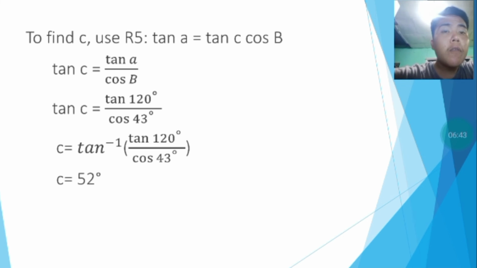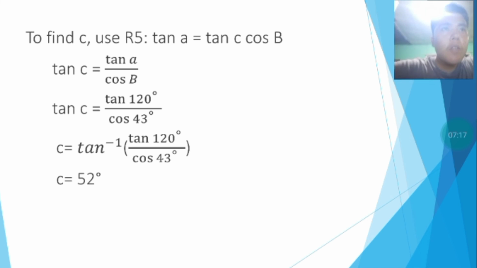Now we're going to find the small letter c. In finding the small letter c, we are going to use R5, which is tan A equals tan c cos B. Again, the value of a is 120 degrees and big letter B is 43 degrees. You're going to substitute, and in this portion you're going to find the inverse tangent of tan 120 degrees over cos 43 degrees.